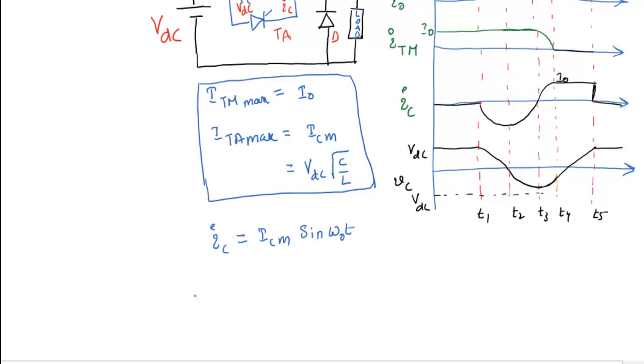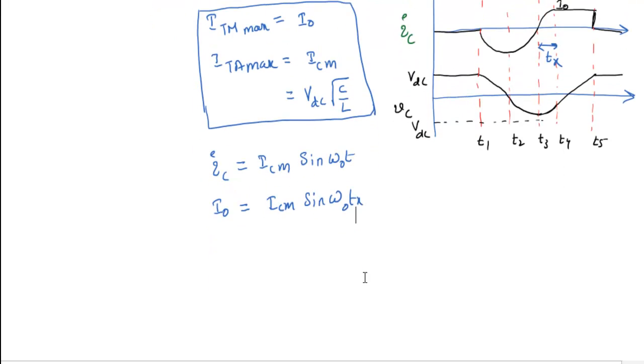From this you can substitute all the things. At the time of T3, we are calculating this time, assume some Tx. At that time the current reaches the value I0. So you can take it here as I0 equal to IC max into sin omega naught Tx.